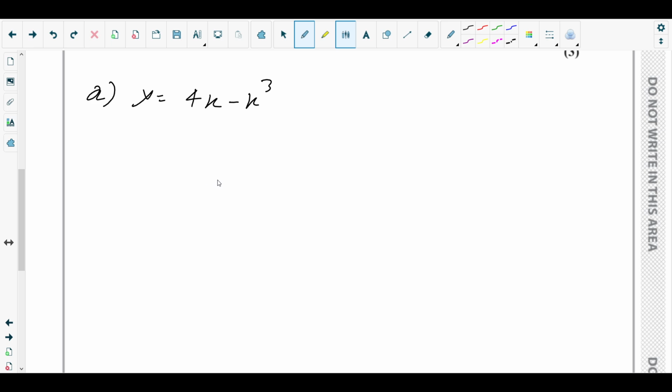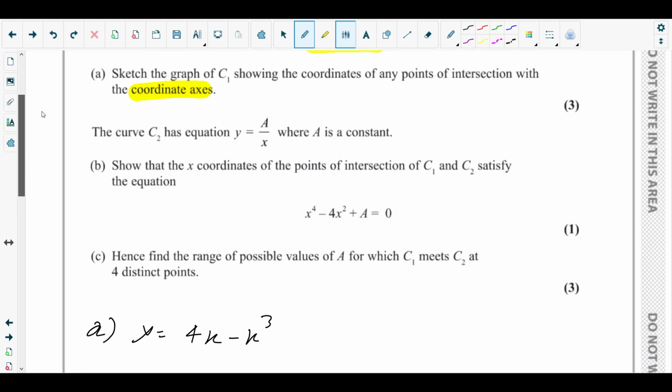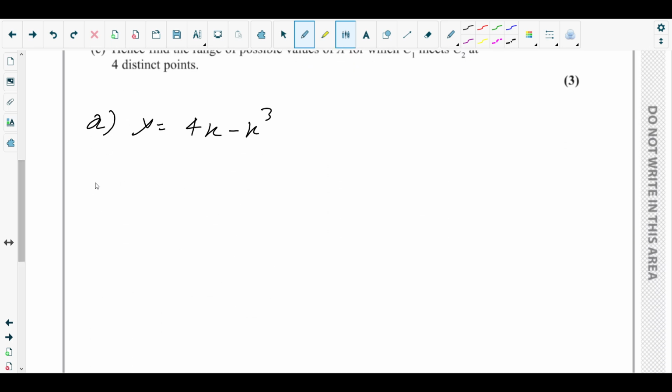The second factor is the points of intersection with the x-axis. At the x-axis, y would be 0. If y is 0, then x times (4 minus x squared) equals 0.